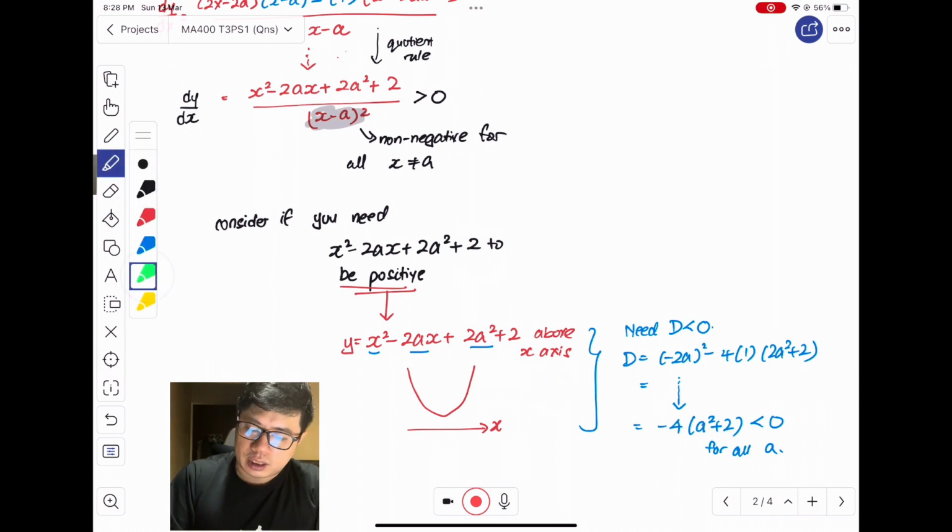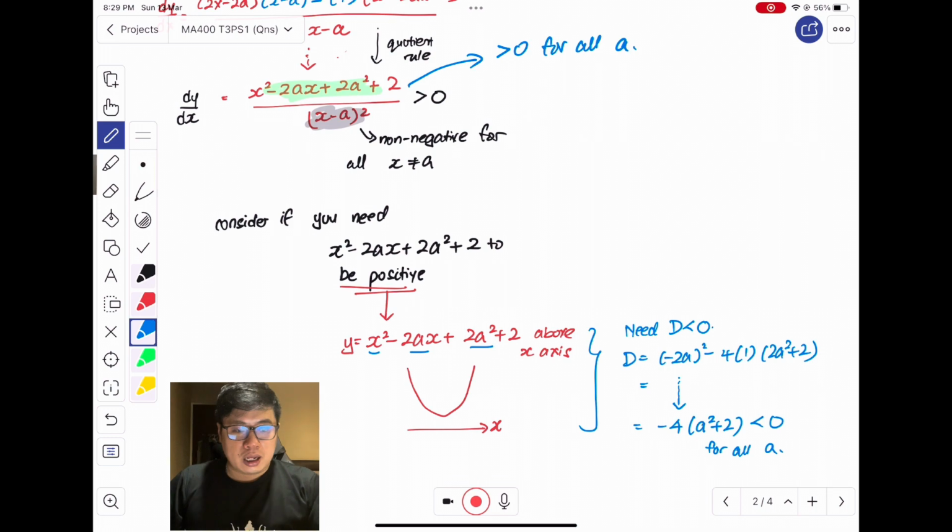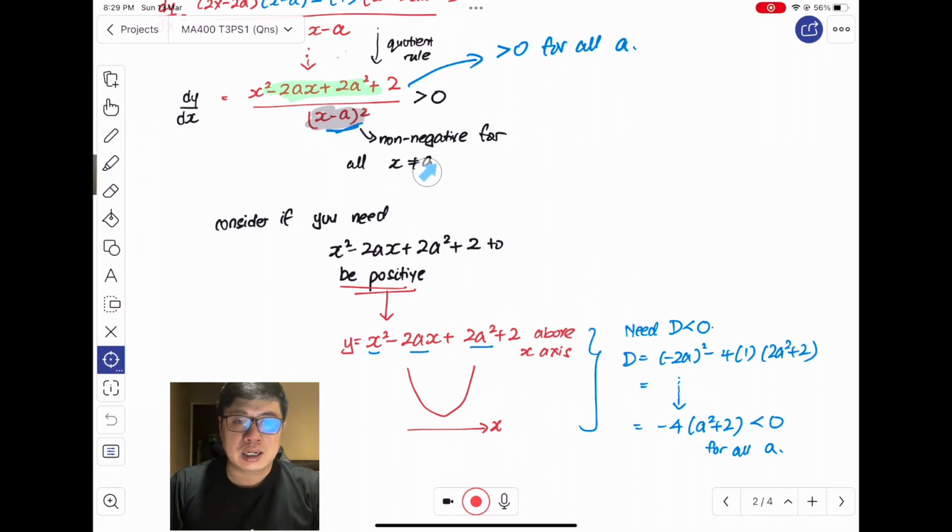Now back to the numerator, this is always more than 0 for all values of a. And if you look at the denominator, as long as x is not equal to a, it will be positive. If x is equal to a, it's not even going to be defined. So as long as x is not a, your denominator will be positive and your numerator is also going to be positive.